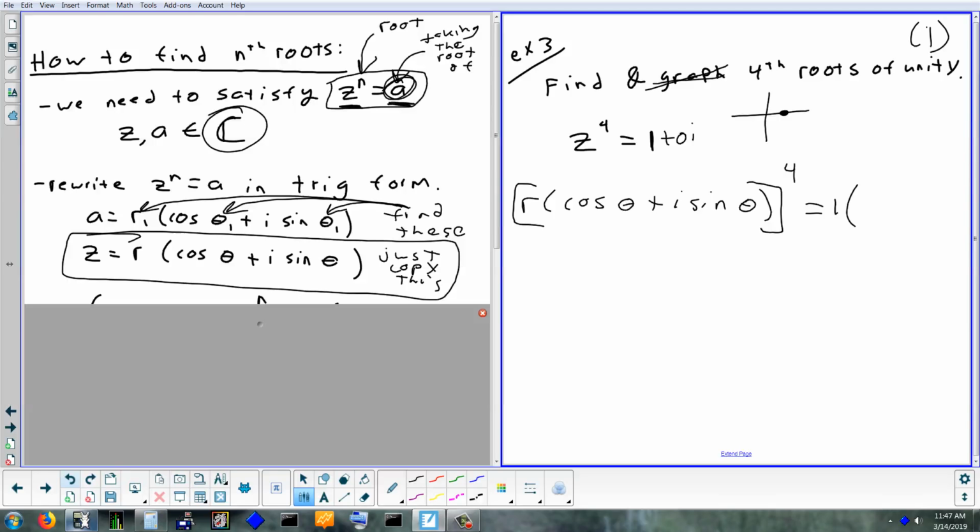How much is the angle? 90 would be if it was at the top. So 0 is your angle. Cosine 0, I sine 0. Now you've got your whole equation in trig form.